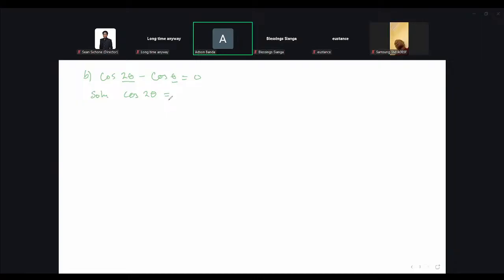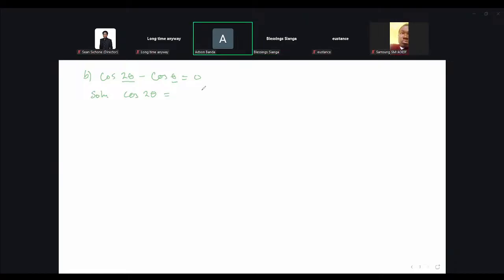So which identity are we going to use for us to be able to change this? An identity that involves the cosine of 2 theta. Can someone tell me? Two cos squared theta minus 1.